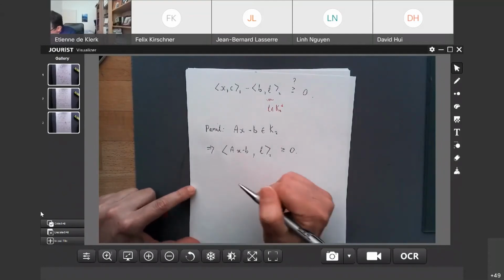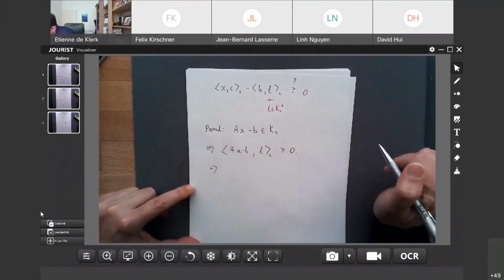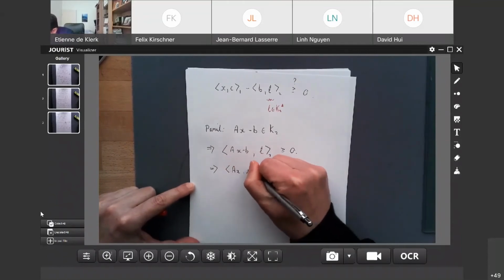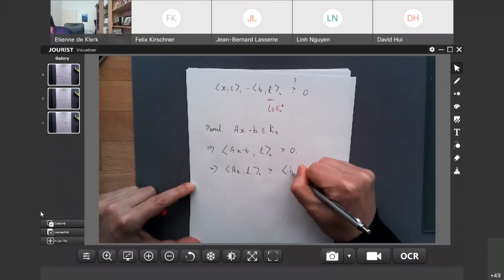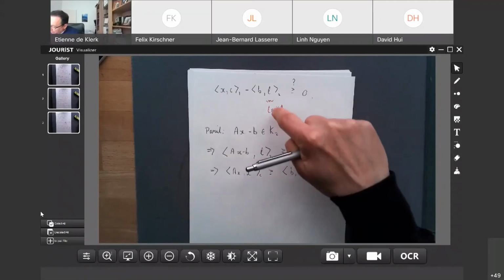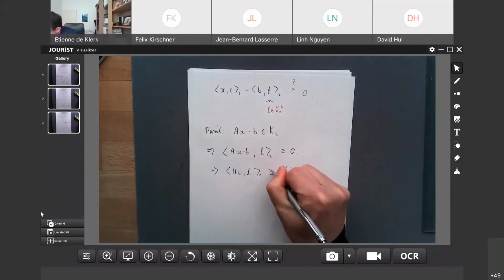And then, because this is a bilinear form, we just get that AX with L in the 2 duality is greater equal B with L in the 2 duality. Okay, so basically this is already the part that we would like here.